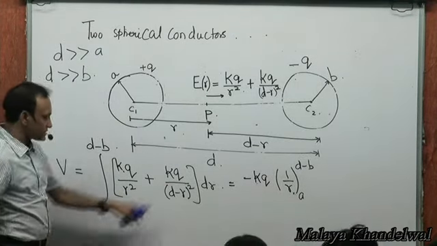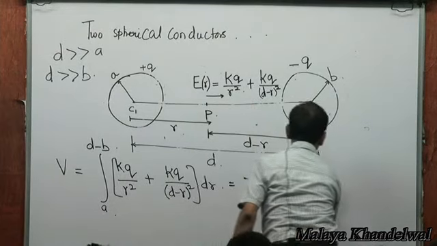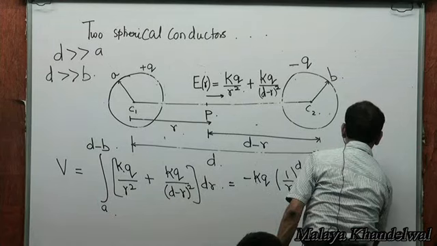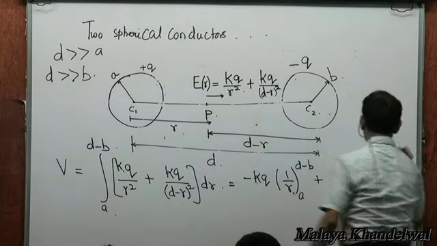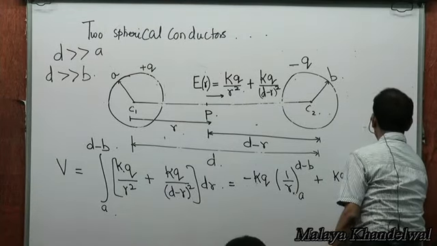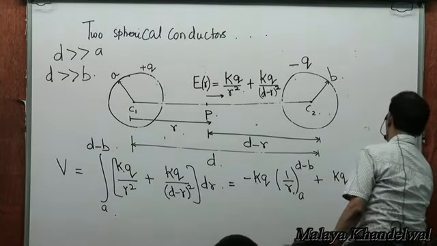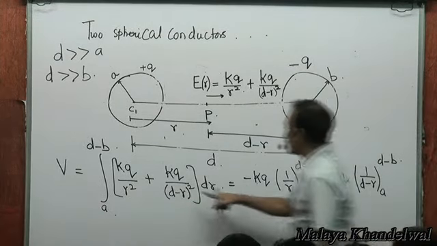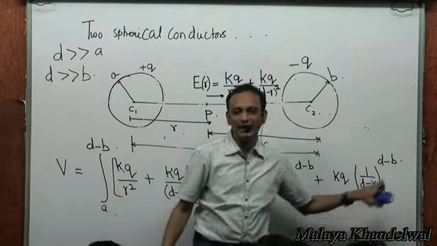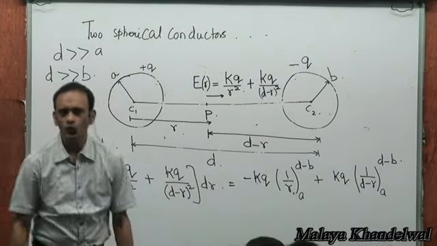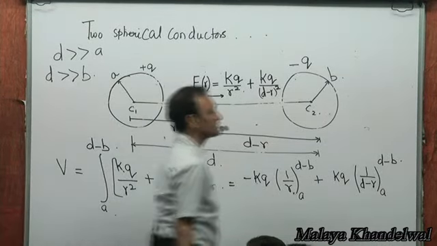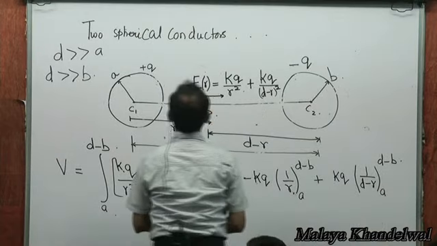When I integrate this, then this will give me kq times 1 by d minus r, where r runs from A to d minus b. I hope you understand whatever I have done here. I hope 1 by d minus r whole squared, when you integrate with respect to r, will give you 1 by d minus r. Yes or no? Not sure about this, right? Now let me supply the limits and see what it turns out to be.